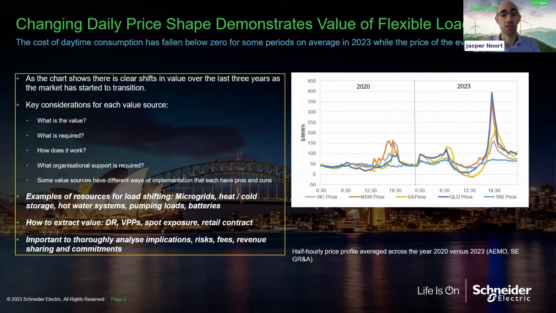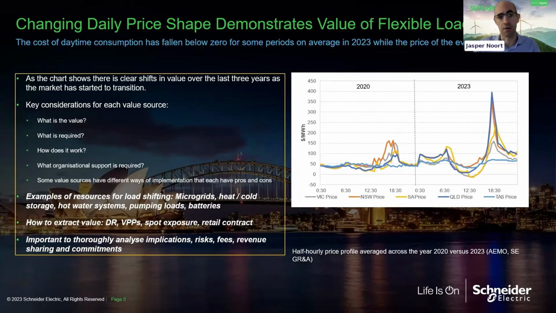Then in particular on how to extract the value, there are demand response programs run by retailers, but there are also demand response providers. Many retailers these days are running virtual power plants that you can subscribe to. You can actually have spot exposure in your retail contract.